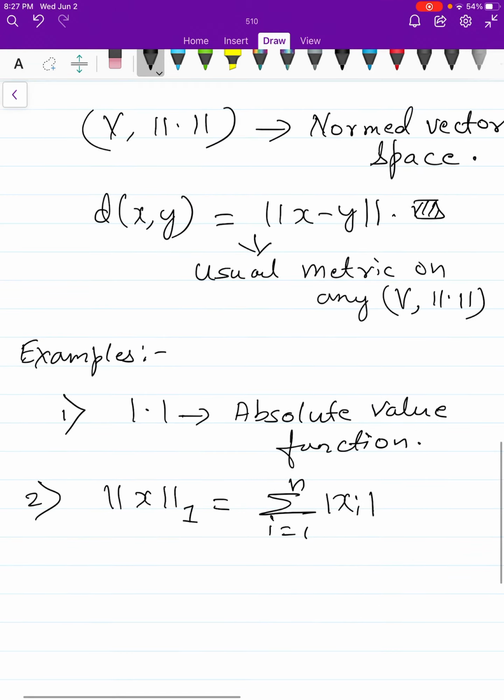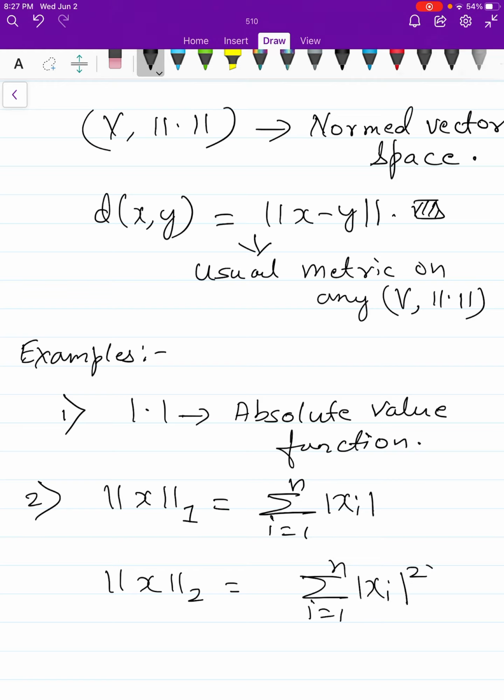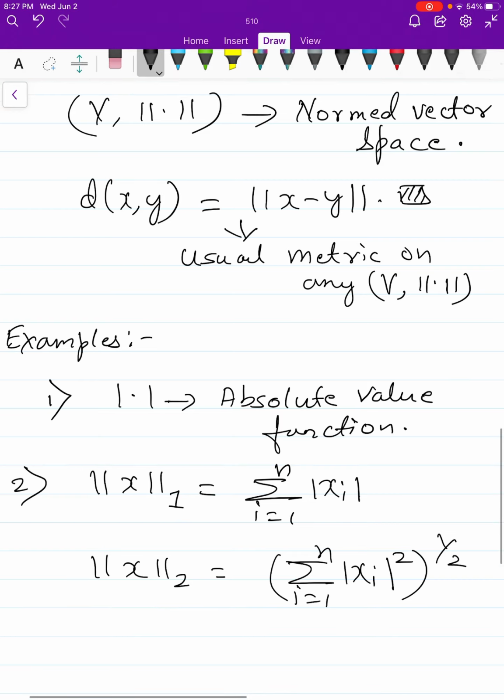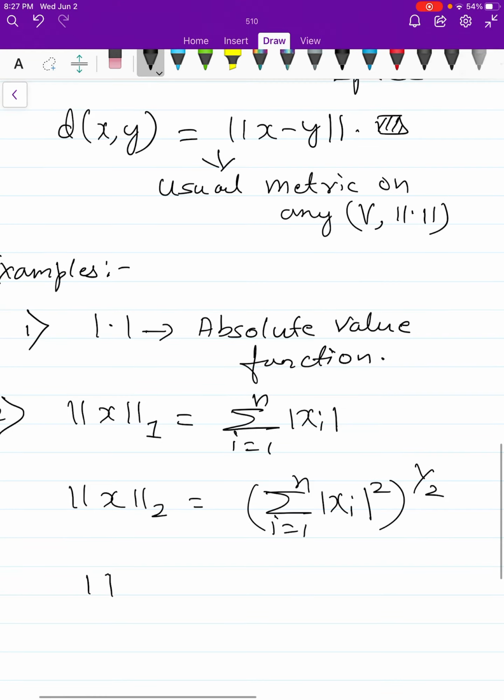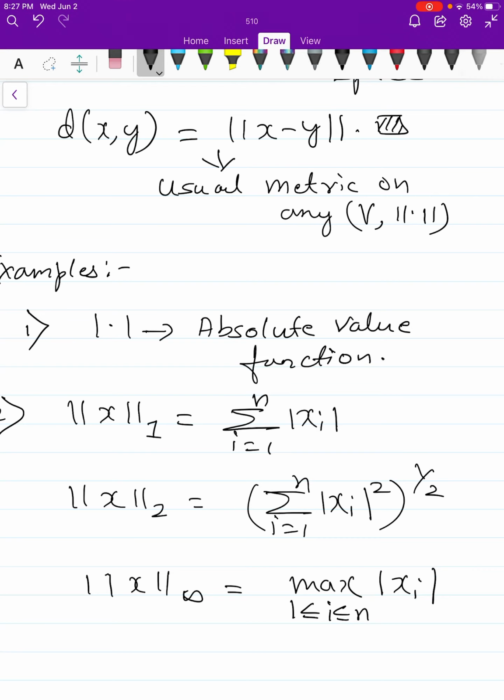Okay, and the 2 norm is defined to be the summation from i equal to 1 to n of the absolute value of xi squared, whole to the power of half. So here the 2 and 2 cannot cancel because you have the summation of the squares and the square root. Okay, and the infinity norm is defined to be the max over 1 less than or equal to i less than or equal to n of the absolute value of xi.